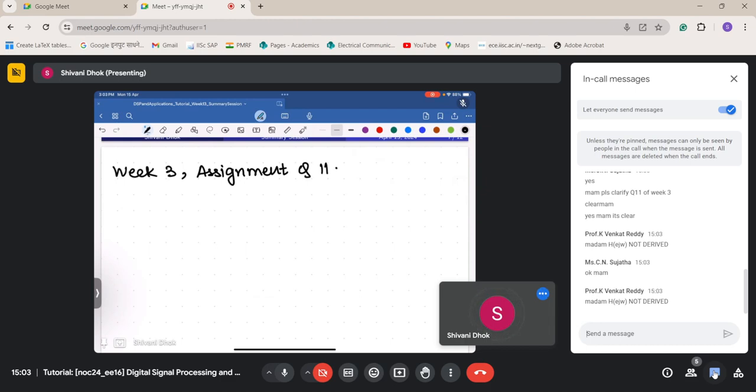Let's see. So here given to you is h of n equal to n plus a to the power n times u of n. And what is your input? x of n is equal to cos of omega n.